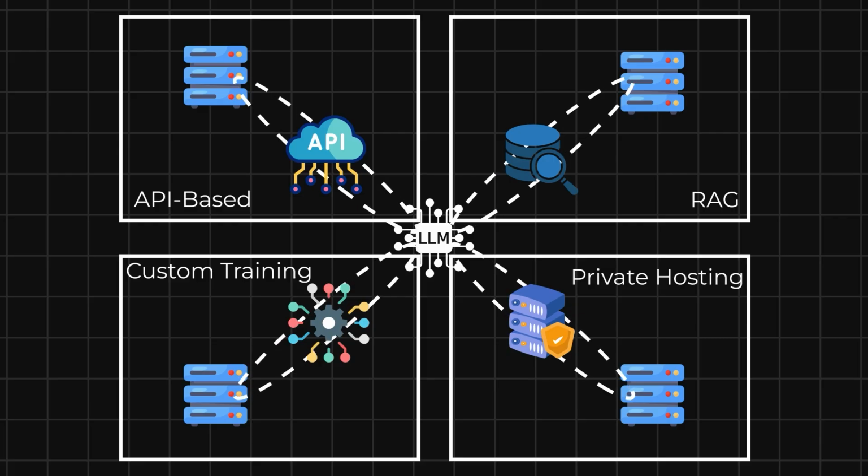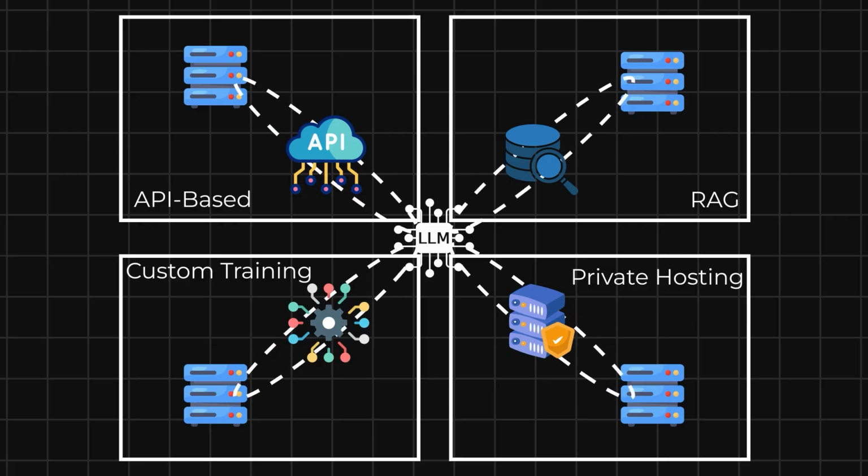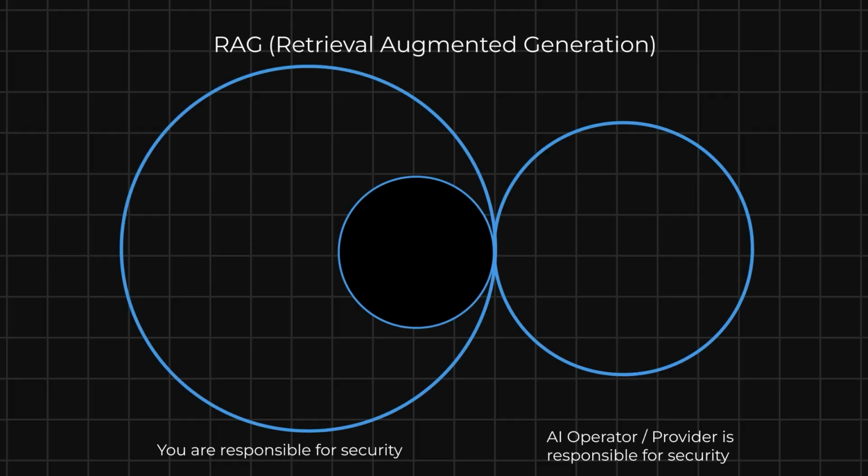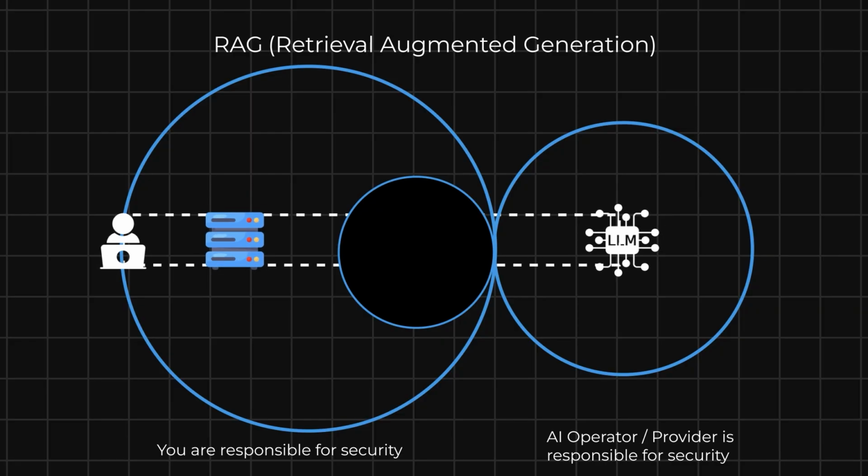The second and one of the most important ways of integrating AI is RAG integration, which stands for Retrieval Augmented Generation. RAG is a method that blends your organization's internal knowledge with the reasoning capabilities of a large language model.